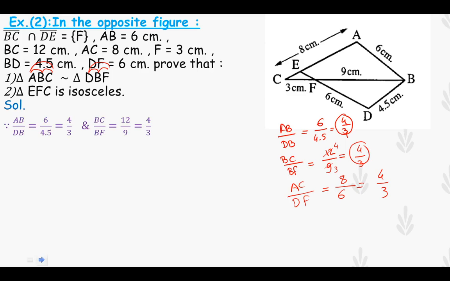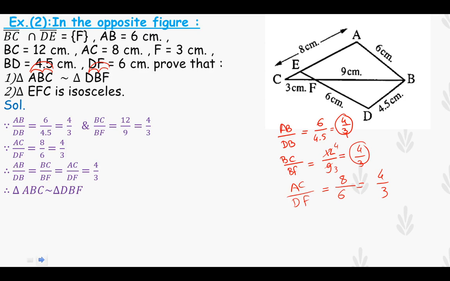Here AB over DB equals 6 over 4.5, and it equals 4 over 3. BC over BF equals 12 over 9 and equals 4 over 3. And the last one, AC over DF, equals 4 over 3. All the corresponding sides are proportional, so the triangles are similar. Okay? Let's go to the second requirement.